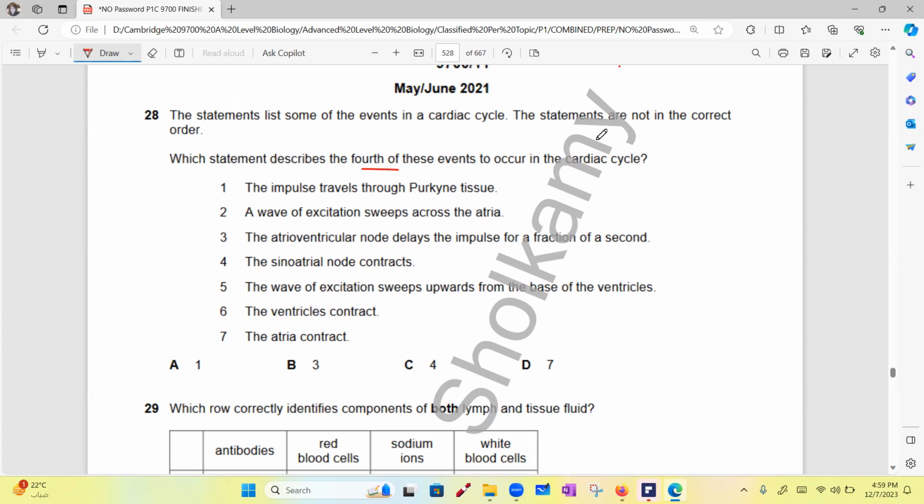I'm just going to read them first because I didn't read them yet. Okay, go ahead. I think I spotted the first event. What's the first event? It always starts with what?